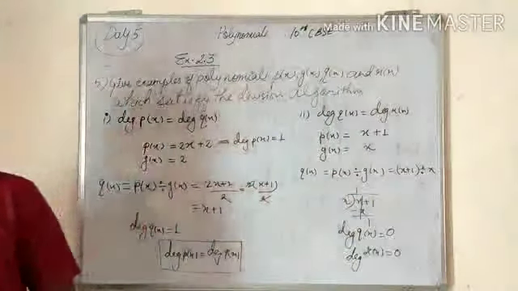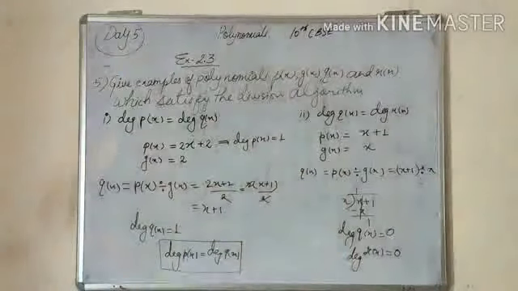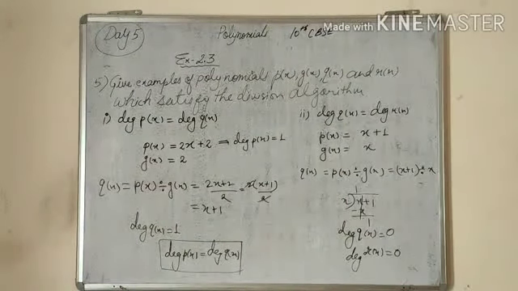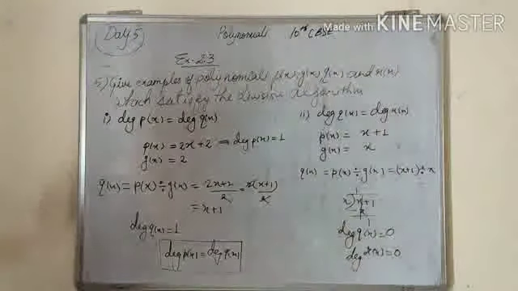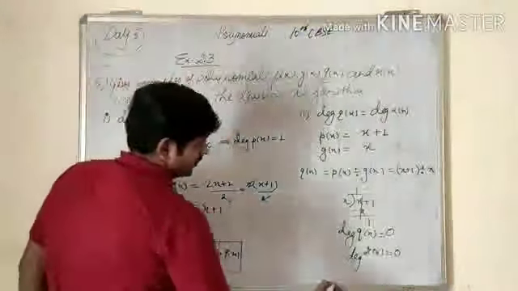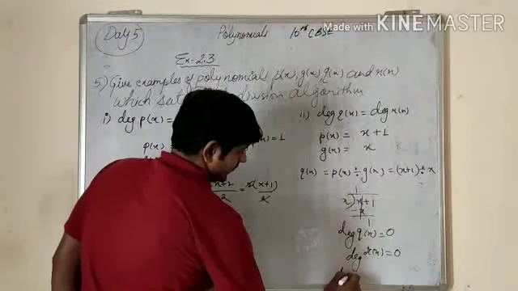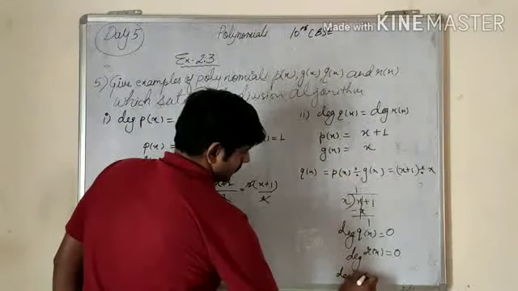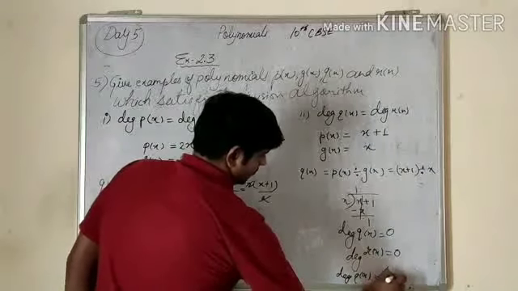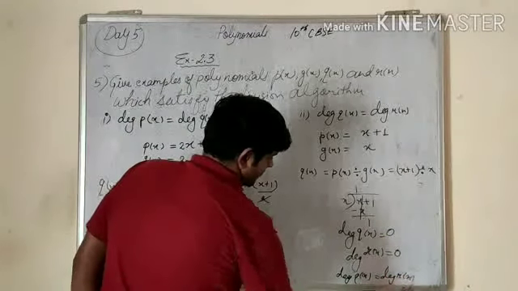Both are the same. Please write, then we will take the third part of it. So finally we can say degree of q(x) equals degree of r(x).